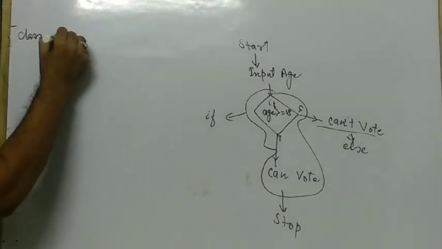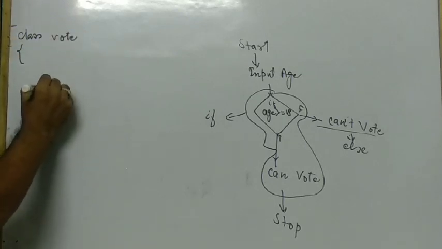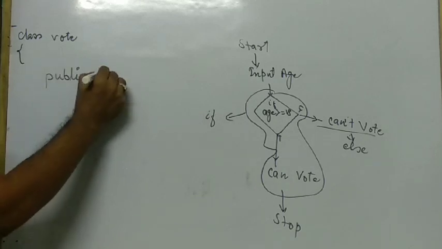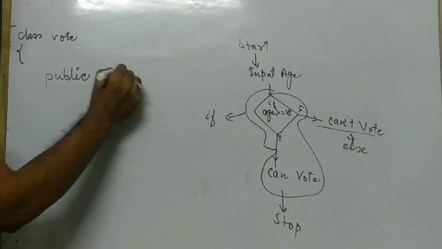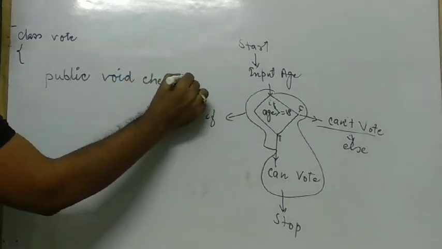Class, you may write Vote. Okay, then public void check.